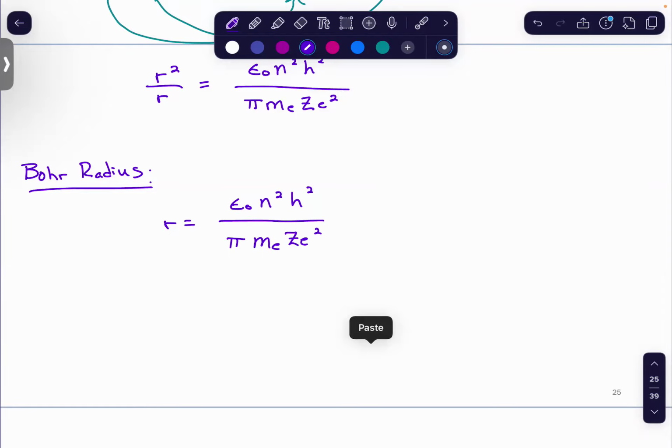So we now want to try to get the total energy of our system.